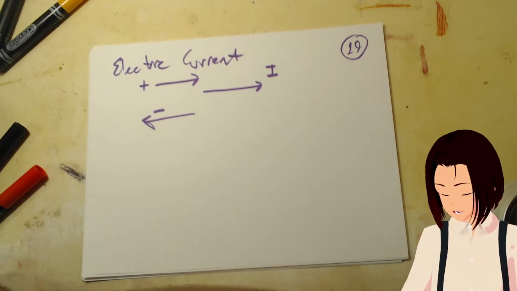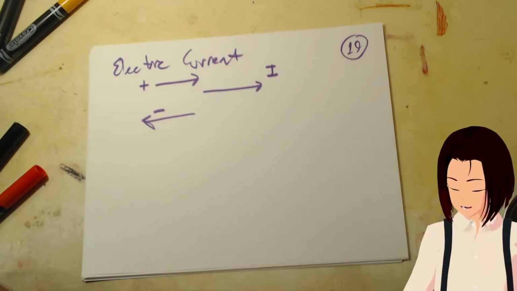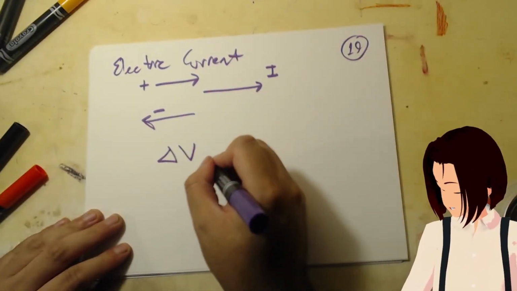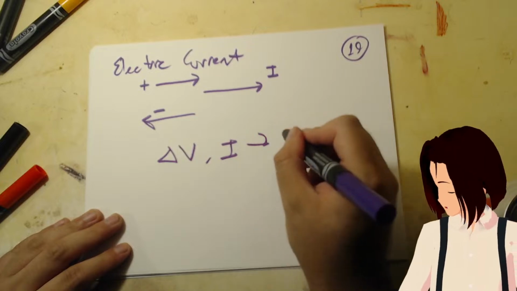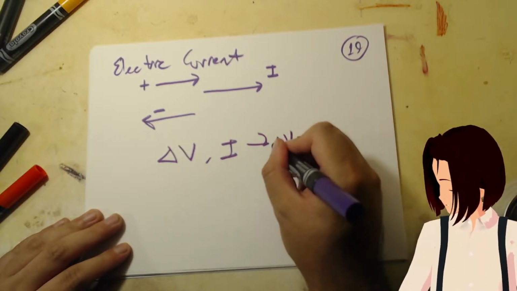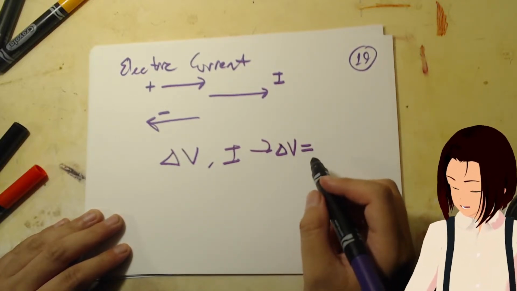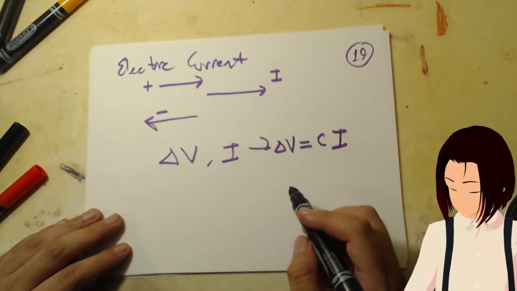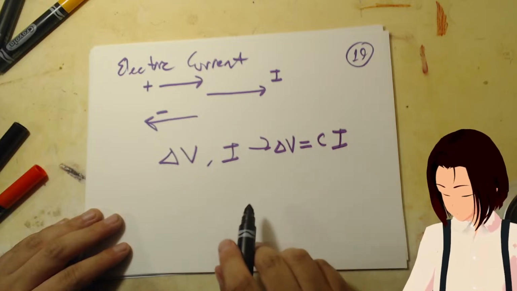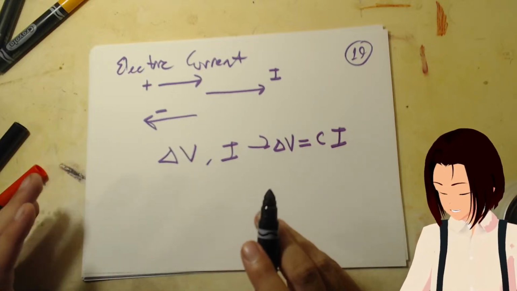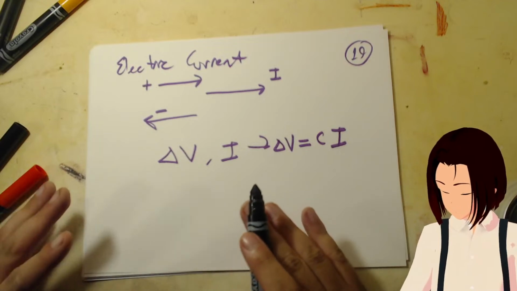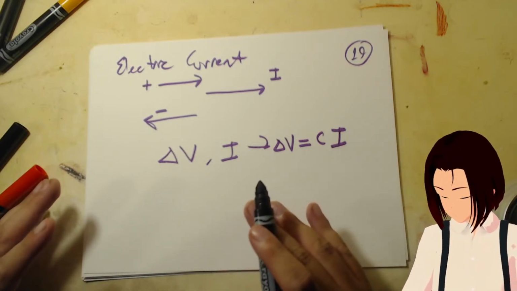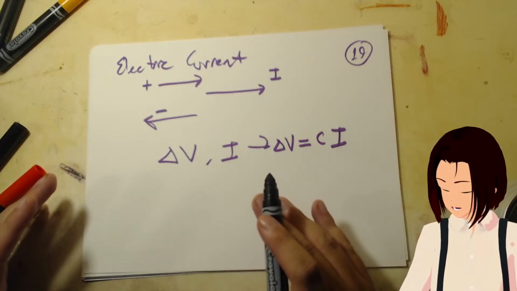So what if we consider a total linear relationship between potential difference and current? Let's say we have potential difference as a function, some constant multiplied by current. The physical way to get this introduces issues, which leads to nonlinearity.